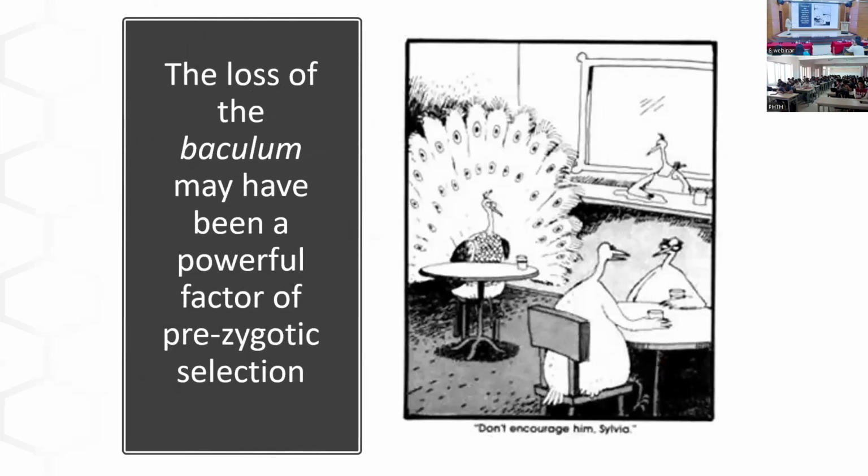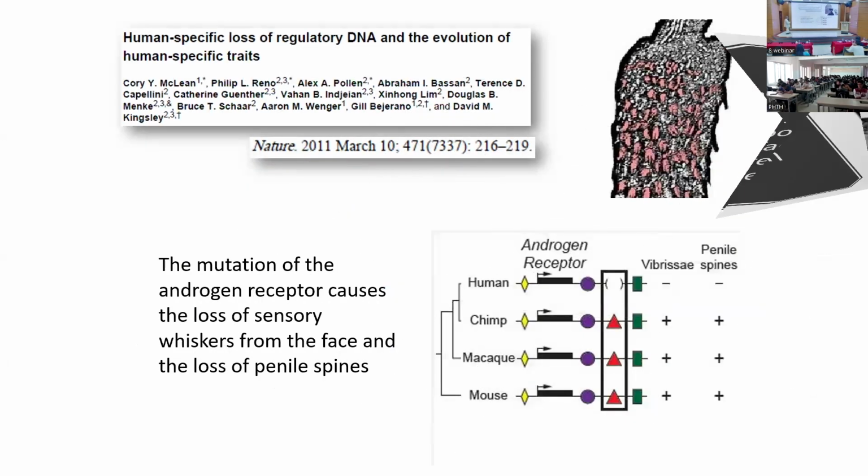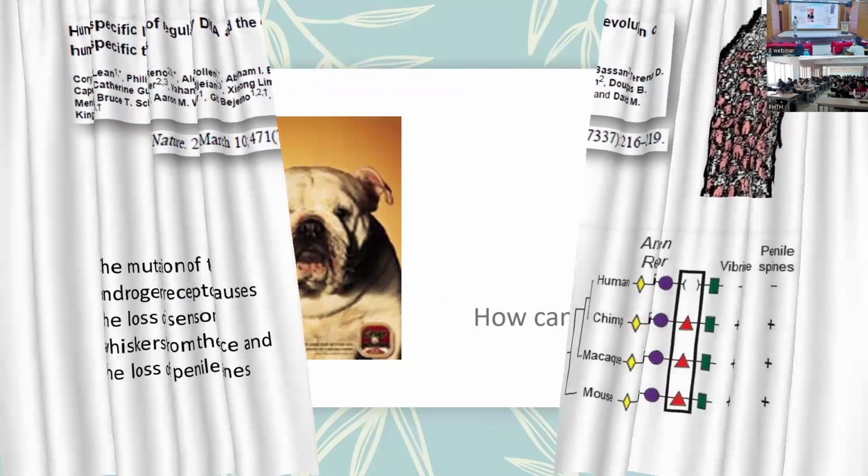So basically, the loss of the baculum has a very strong power for the pre-zygotic selection. And also, we have to say that there are several studies, this is also in Nature, showing how the bone, the baculum, is under control of the androgen receptor in the animals which have that bone.